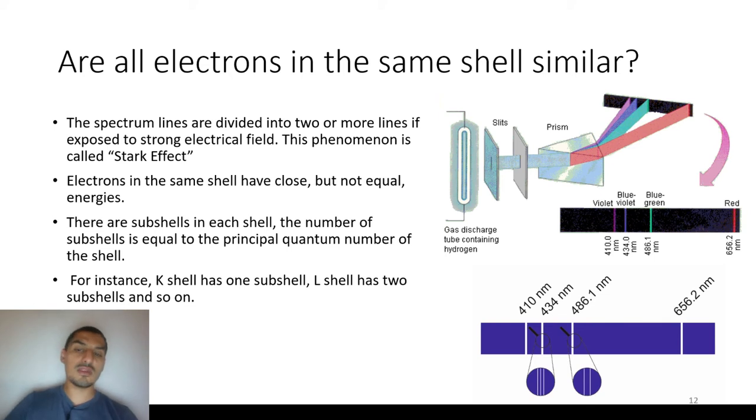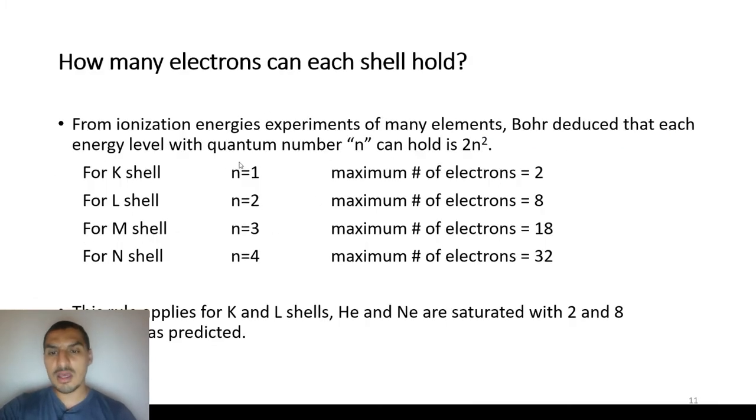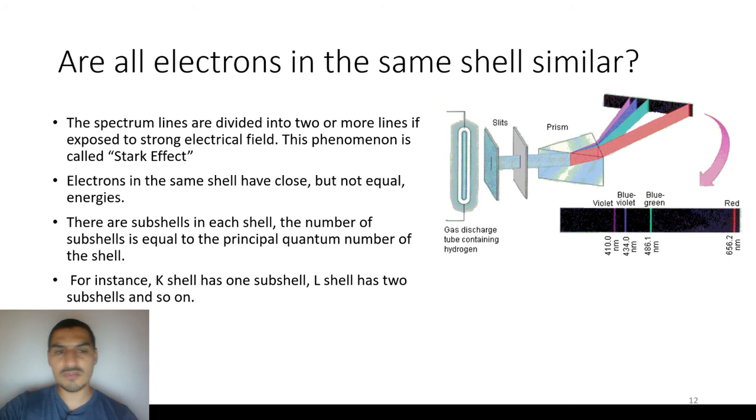This phenomenon was called the Stark effect, which is the very close lines that are in the same place. We found that the number of subshells is equal to the principal quantum number. I don't know if I said it in the previous video, but we talked about the numbers n equals 1, 2, and 3, and we call them the principal quantum numbers, which is the number of the energy level. In case I forgot to mention this in the previous video.